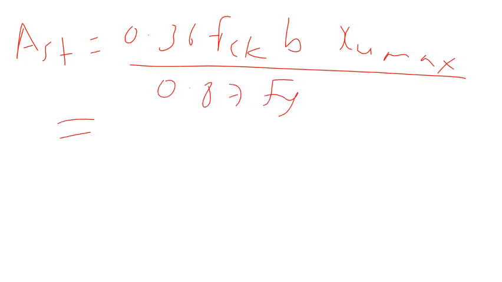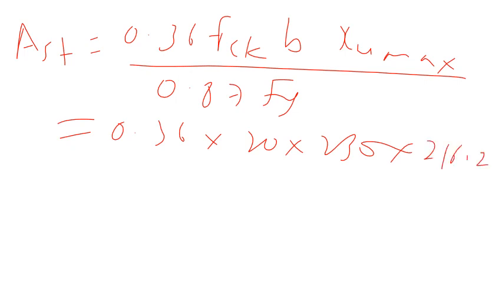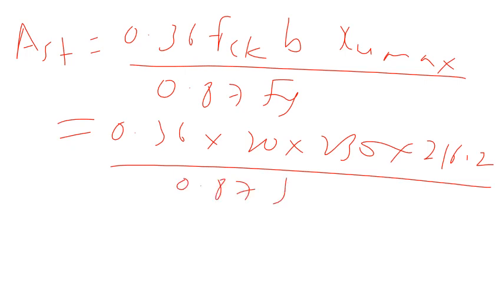So now we have all the values, just plug in. 0.36, FCK is 20, M20 grade concrete, then B is 230, into XU max is 216.2, which we just calculated, and then divided by 0.87 FY.